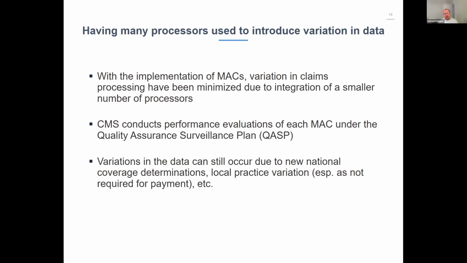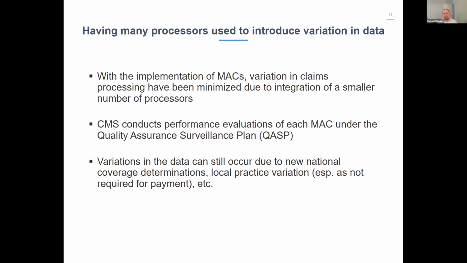So the thing is that having many processors used to introduce variation in the data, right? If a given processor, or sorry, previous to the MACs, if a given processor was doing something different than another processor, well, now you have some kind of an outside processing difference that can create an artifact in the data, where you see a difference that might be regional or state difference, something you might be tempted to attribute to real regional or state-wise differences when in fact they are just because of the processing difference.